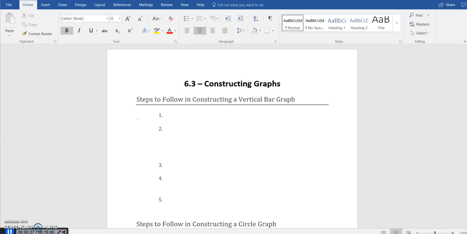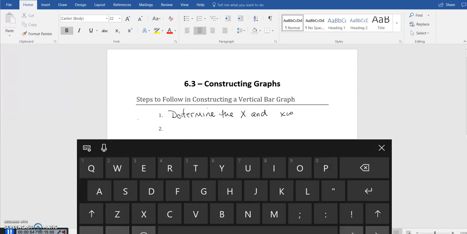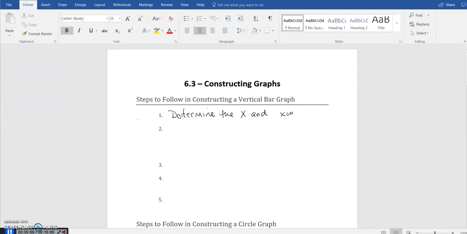So the first thing we need to do when we're developing a bar graph is actually determine the x and y axis. Okay, we're going to determine the x and y axis.